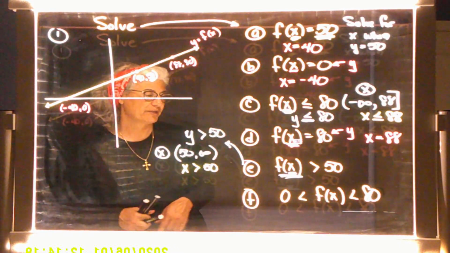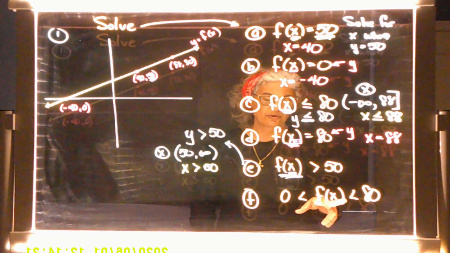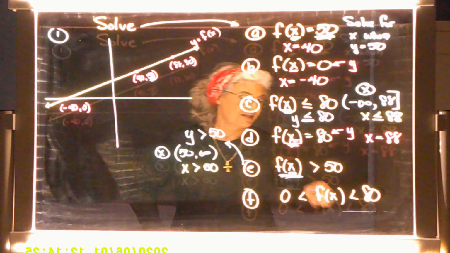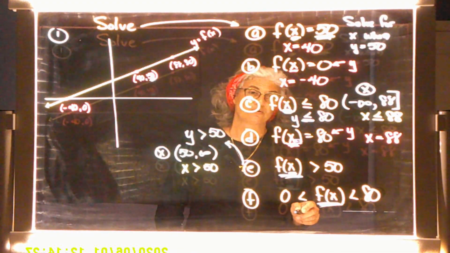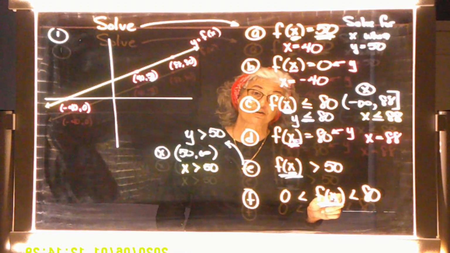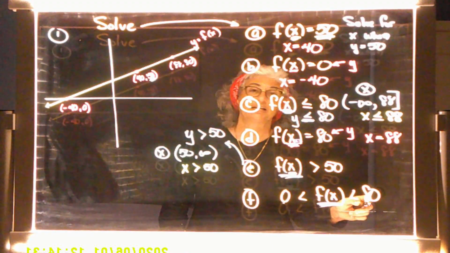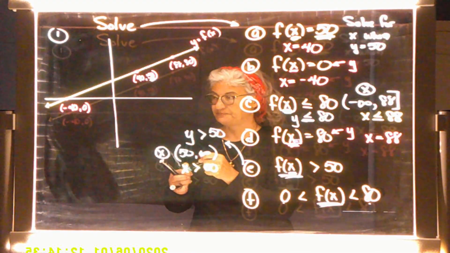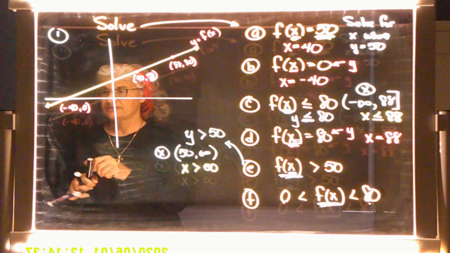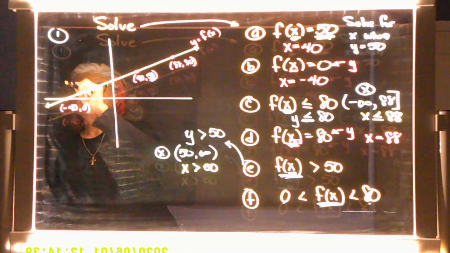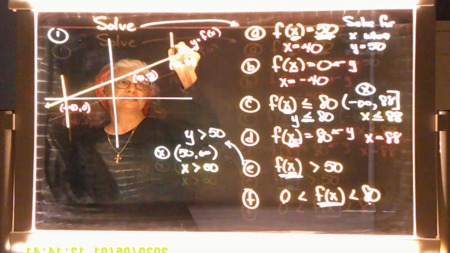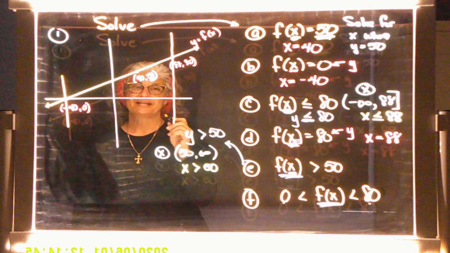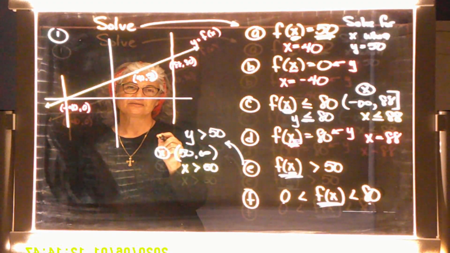Okay. Last but not least, letter F. Now, letter F is quite interesting. They want to know, and these represent the y's again, don't they? They want to know where your y values are between 0 and 80. Well, let's take a look on this graph. My y values are between 0 and 80 from here to here, aren't they? But are they asking for the y's?